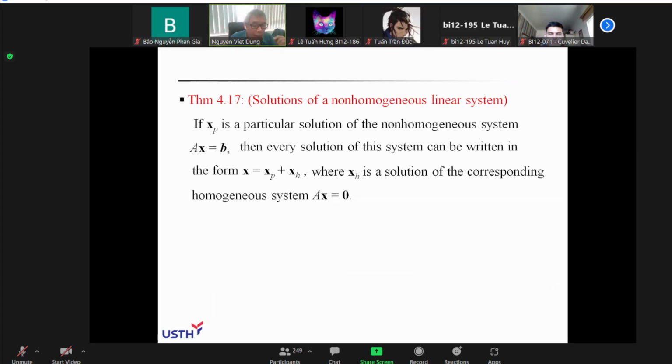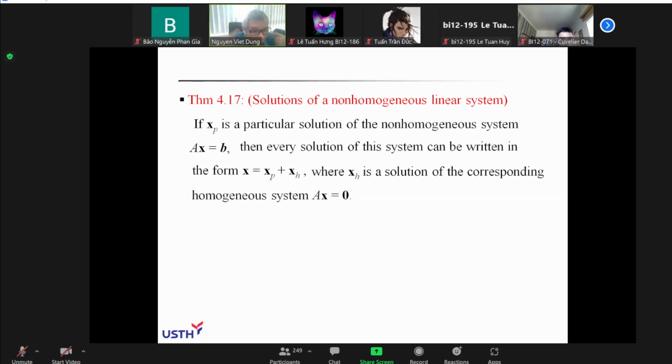It is divided into two steps. The first step, you need to guess a particular solution xp. Then you need to consider the homogeneous system of equations Ax = 0. For that homogeneous system, we already know how to find the solution from the previous part.